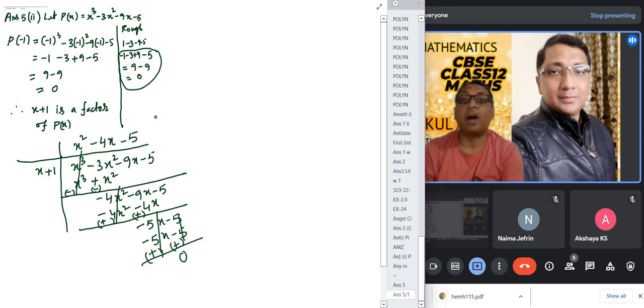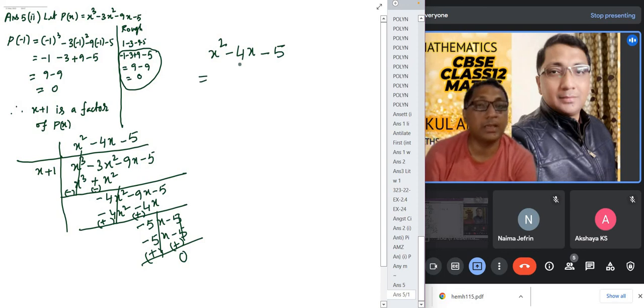Okay. Now the other two factors we get from its quotient, that is x square minus 4x minus 5. So you will factorize this using splitting the middle term. Now it is a quadratic polynomial. So if you multiply its first and last numbers, 5 you will get. Factors of 5 will be 5 and 1. How will you get minus 4? Minus 5 plus 1.